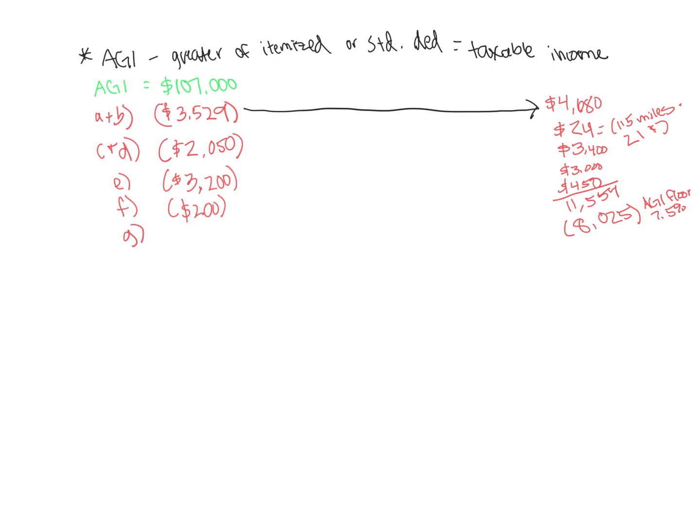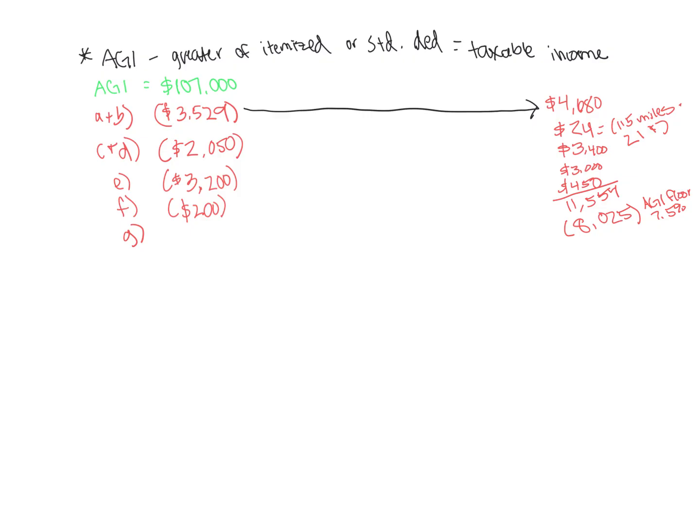So now if we go to letter G, G says Shauna has a home mortgage loan in the amount of $220,000 that she secured when she purchased the home. The home is worth about $400,000. Shauna paid interest of $12,300 in interest on the loan this year.